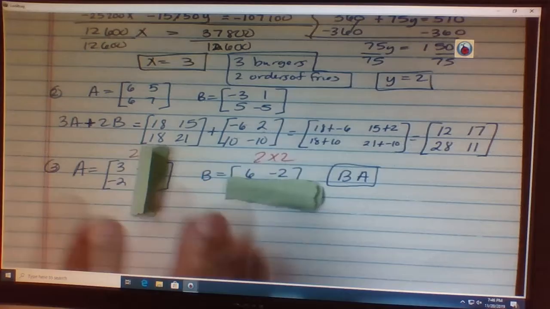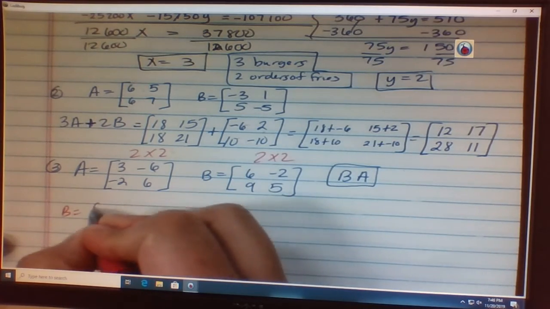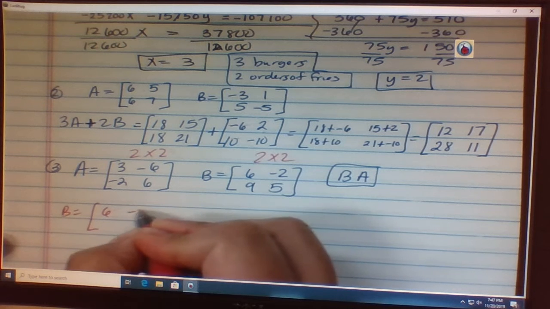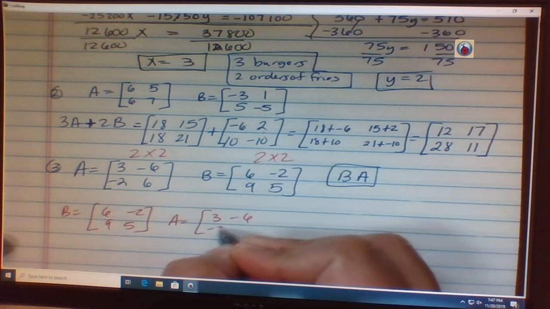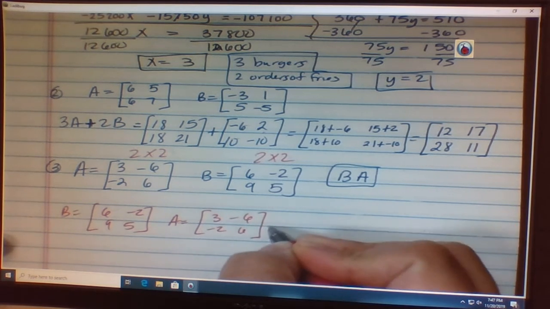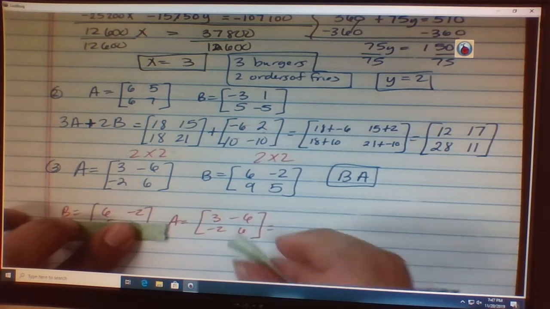So I would recommend that you rewrite it, but you don't have to. So B is 6, -2, 9, and 5. And A is 3, -6, -2, and 6. Now, when we learned this, we did row by column.